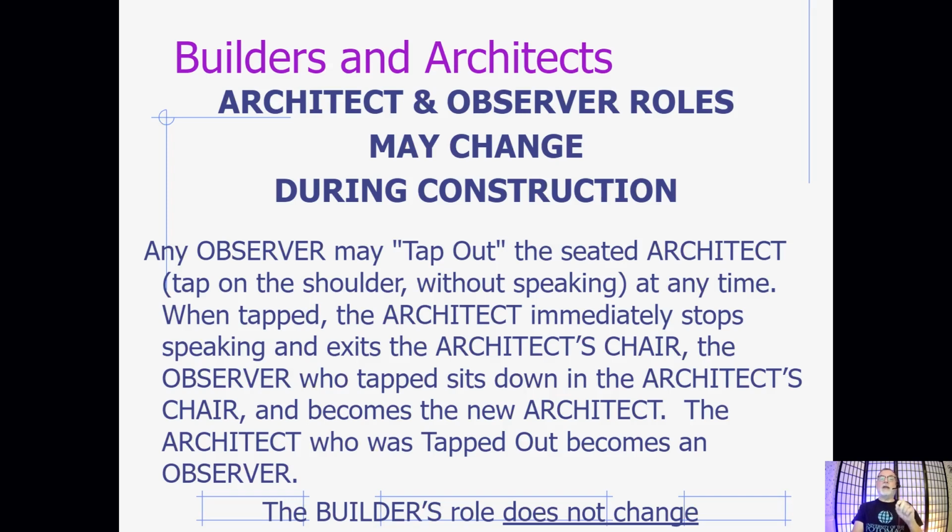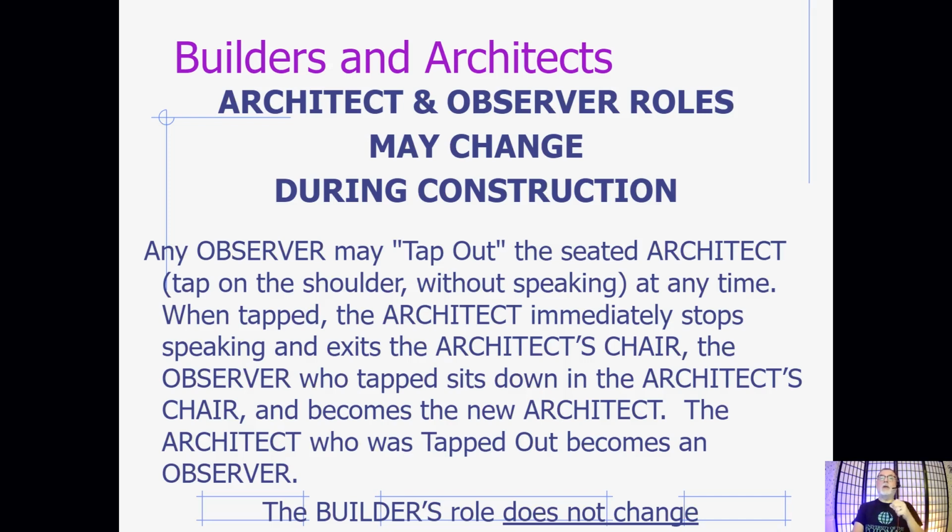Any observer can tap out the architect at any time, and at that point the architect must stand up, the person who tapped out must sit down, and then that person becomes the new architect and communicates with the builder.